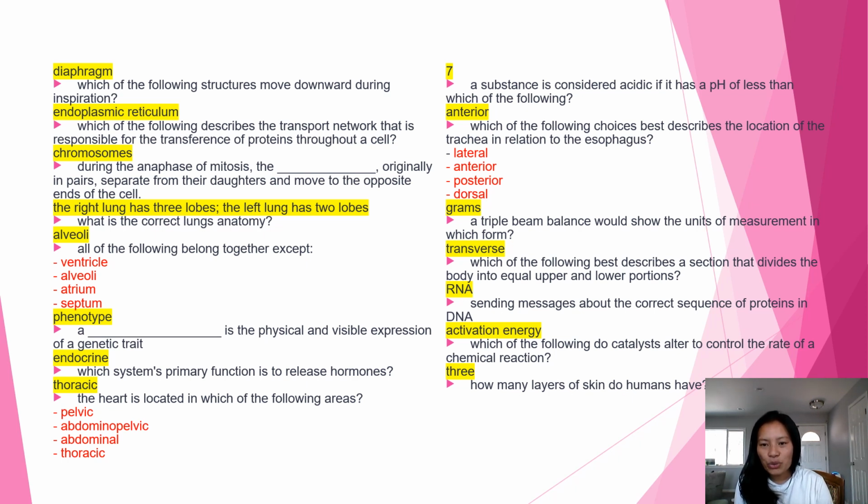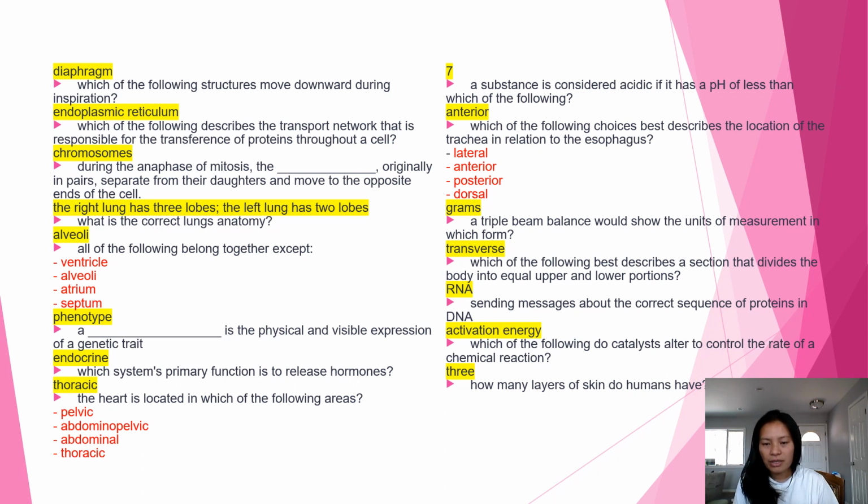Which of the following choices best describes the location of the trachea in relation to the esophagus? Is it lateral, anterior, posterior, or dorsal? The answer is anterior. So the trachea is anterior to the esophagus. Okay. A triple beam balance would show the units of measurement in which forms?